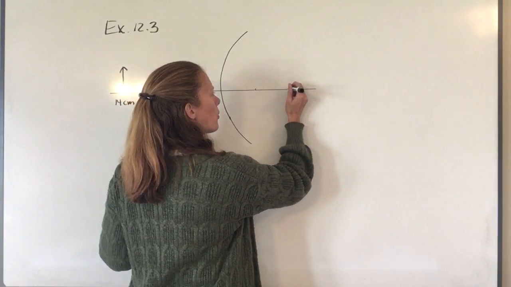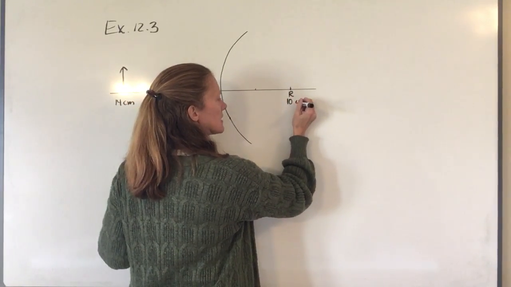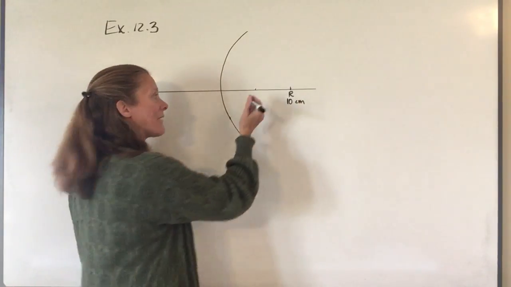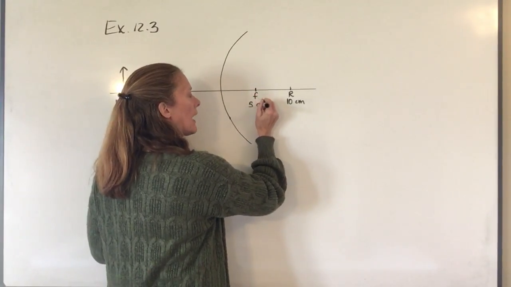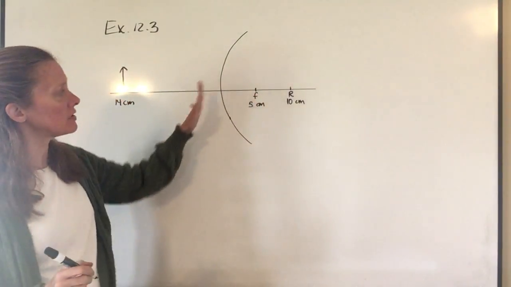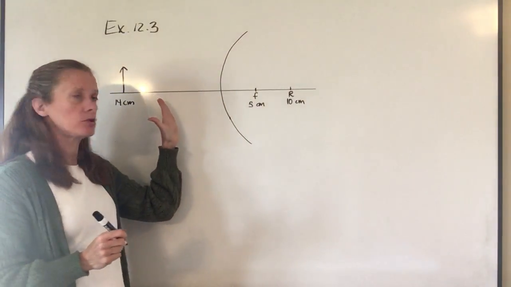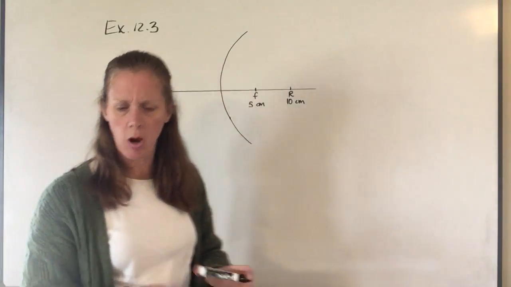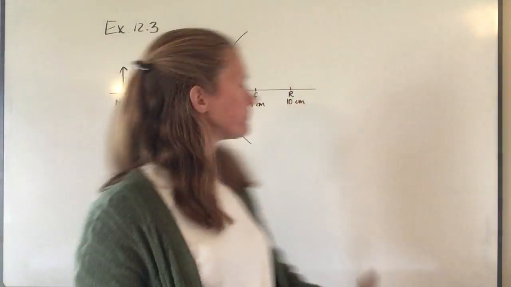So this point right here is where my radius is, and it's at 10 centimeters. That's the center of curvature. So the focal point is half of that. So my focal point is located right here at 5 centimeters. But again, you notice that it's on the other side of the mirror as opposed to being on the same side that the object is. So how are we going to draw these particular ray diagrams here?